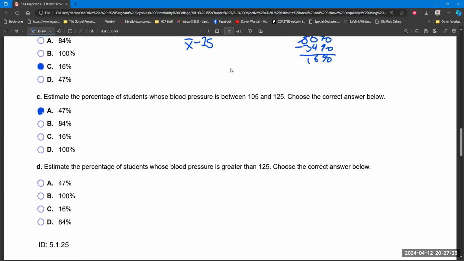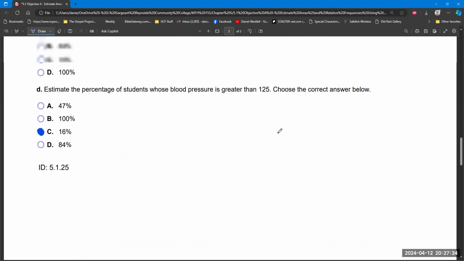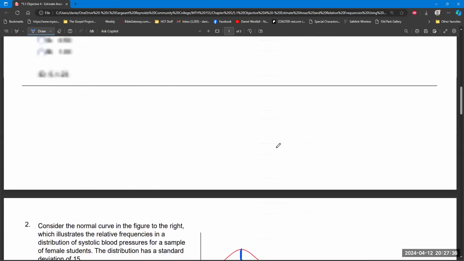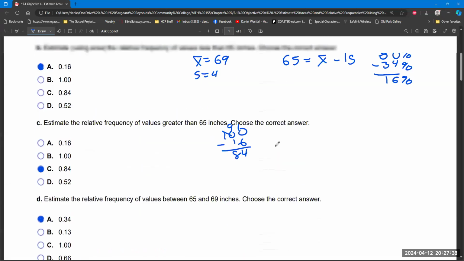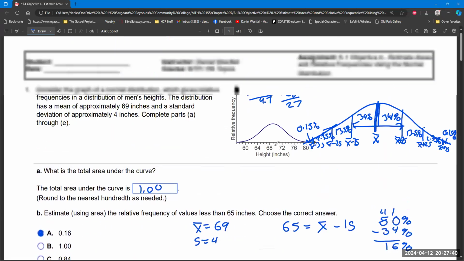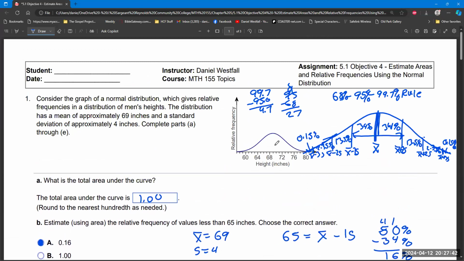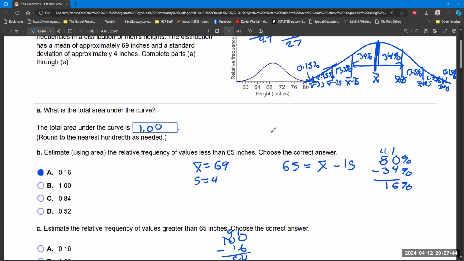We should get the same percentage here because it's symmetric. And that's going to be it. So again, this was just estimation, and they meant for you to just look at it and take a good guess.